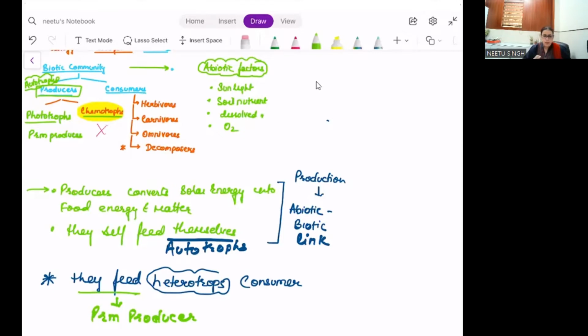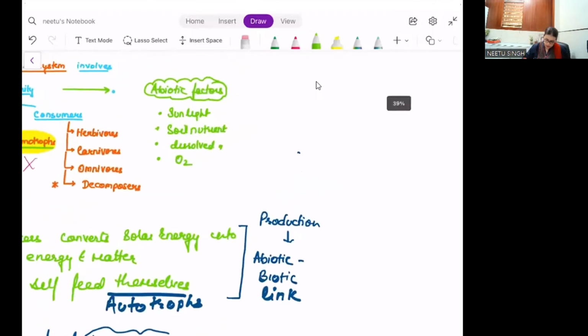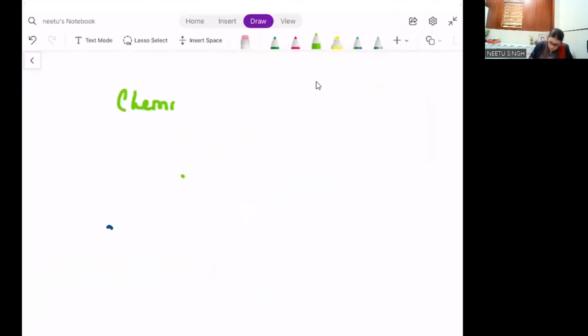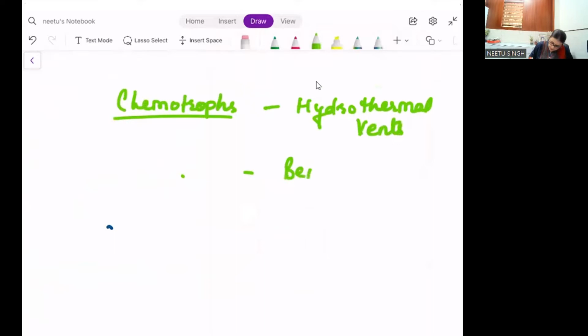So let us quickly complete chemotrophs, because it will not come into our reference of the study later. So I just zoom up here. Chemotrophs are typically confined in hydrothermal vents. These are in benthic habitat, and in these benthic habitats, I attempt a diagram here.